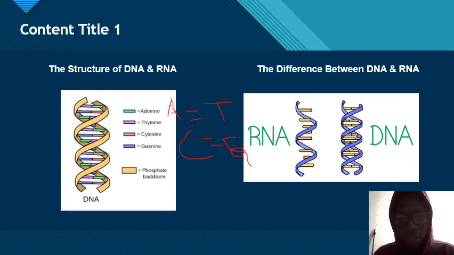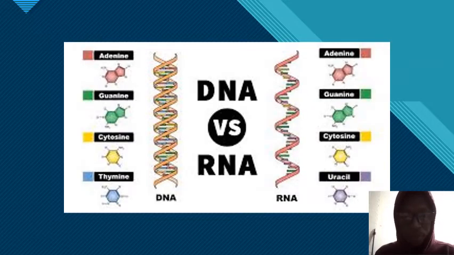So this is the structure of RNA. We identify it because it's single-stranded, and DNA is double-stranded. That's how we differentiate between them. The moment you see the word thymine, just know you're dealing with DNA.